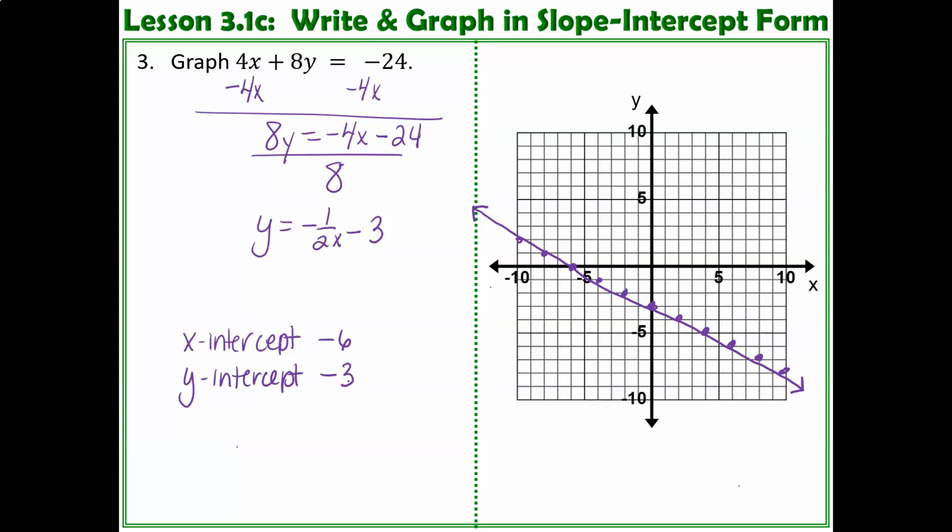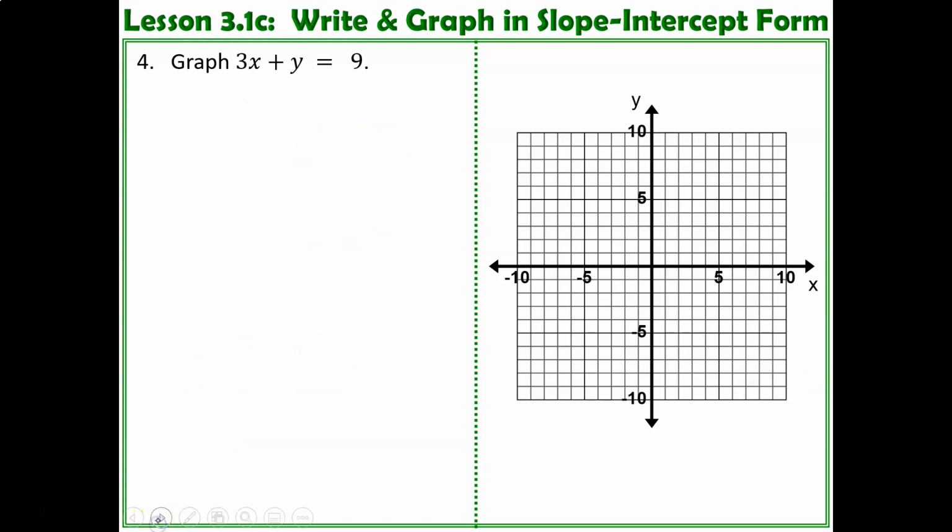All right, let's move to number 4. Graph 3x plus y equals 9. Okay, so I'm just going to move this 3x over to the other side using the inverse operation. So now I have y equals -3x plus 9. So our b, or our y-intercept, is way up here at 9, and I have a slope of -3 over 1. So I'm going to go down 3 over 1.